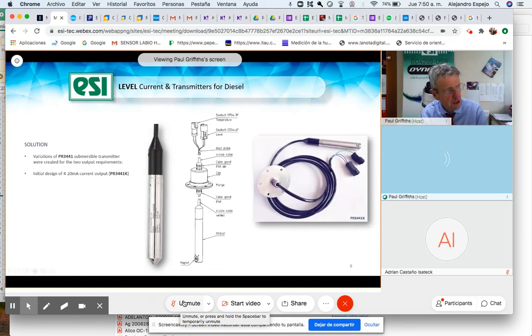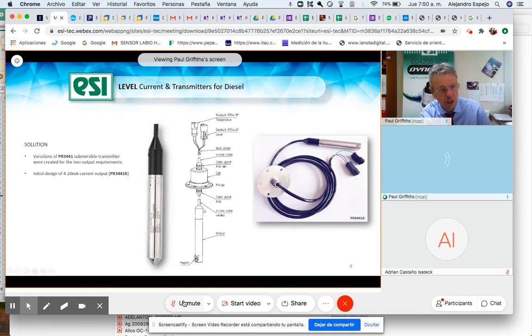So you can see it has two outputs, one connected for temperature, one for level. So this gives a 4 to 20 milliamp output from the pressure sensor, and this one gives a resistive output for temperature.